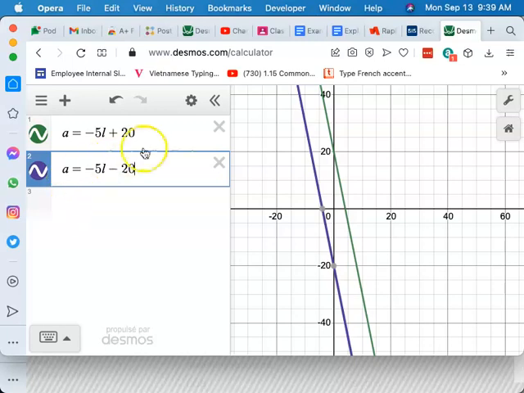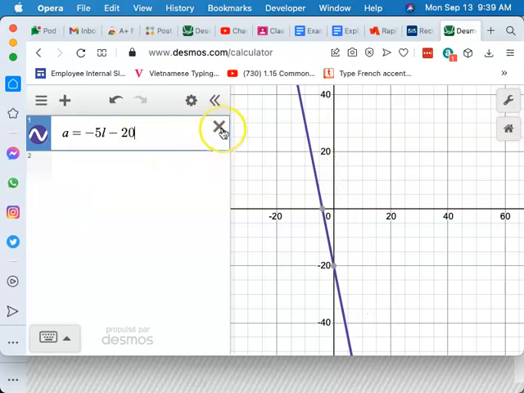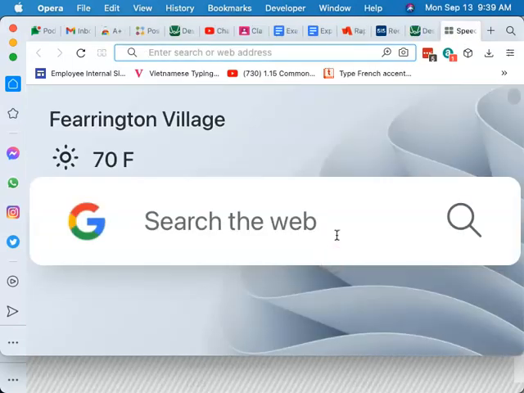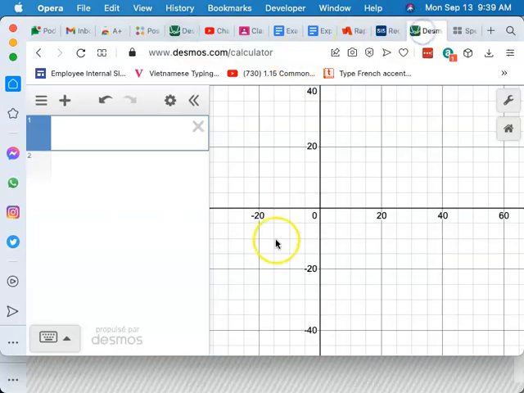Now, where are we trying to go with this? Eventually, what we're trying to get to is to look at data. So eventually we're going to try and look at data and see if there's a line that we can use. And that is something that's coming up.